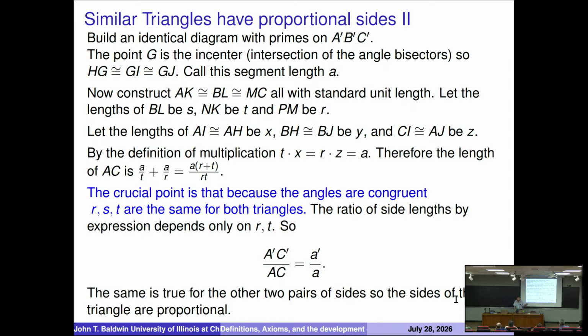We have ABC and A prime, B prime, C prime that have these incenters built. The incenter is the intersection of the angle bisectors. Then if you do this, the multiplication is only depending on these angles. Remember that when I drew the picture for the multiplication, the crux was that they were similar triangles with the same angles. And so the cross multiplications will turn out to be equal. And you can do this in any of the three sides.